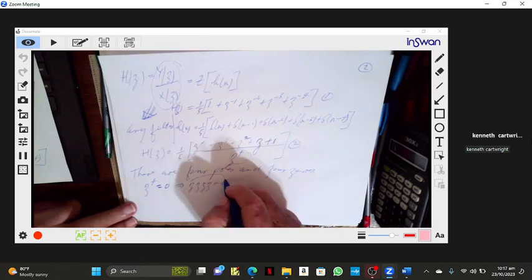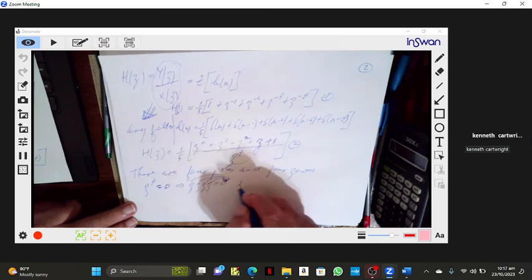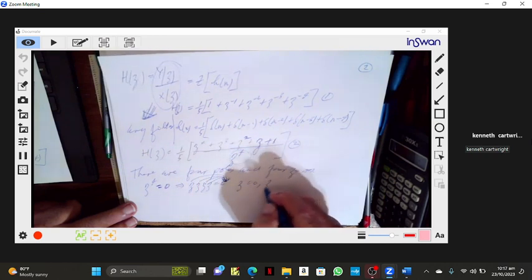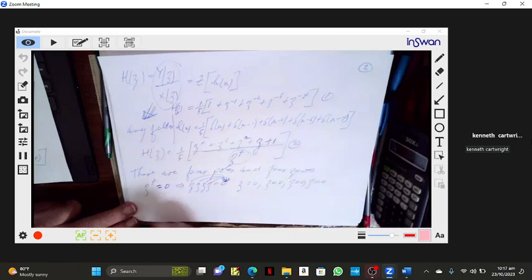This z is 0, or this z is 0, or this z is 0, or this z is 0. There's your 4 answers: z equals 0, z equals 0, z equals 0, z equals 0. So there are 4 poles. They're all located at the origin.